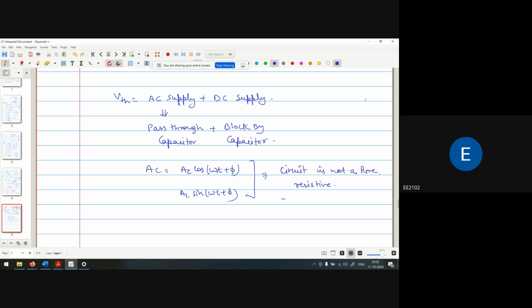There is an effect of a capacitor or inductor, so that's why I take a phase shift phi. So in our case it should be capacitive, right, sir? Yeah, in our case it should be a capacitor.